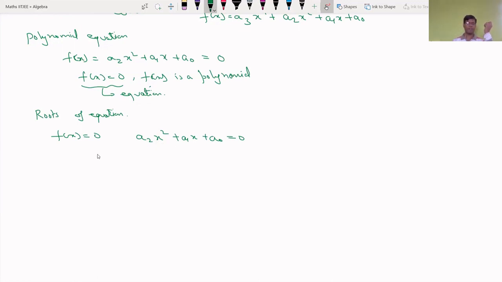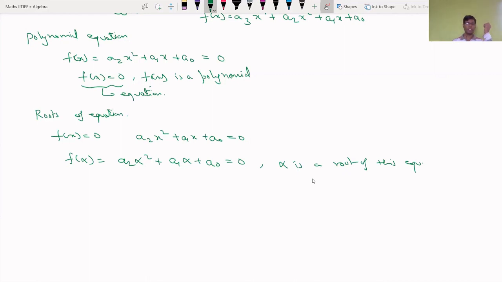For example, if alpha satisfies this equation, I will have f of alpha equal to a2 alpha square plus a1 alpha plus a0 equal to 0, so alpha is a root of this equation. Whenever some value of the variable x satisfies the equation f of x equal to 0, we say that value is a root of the equation.